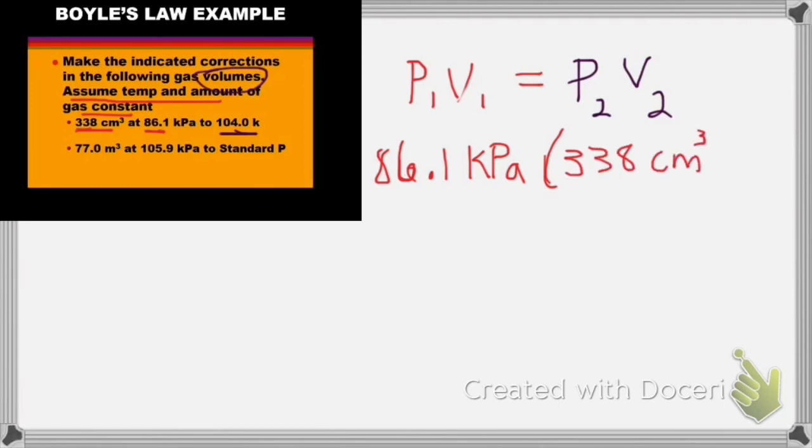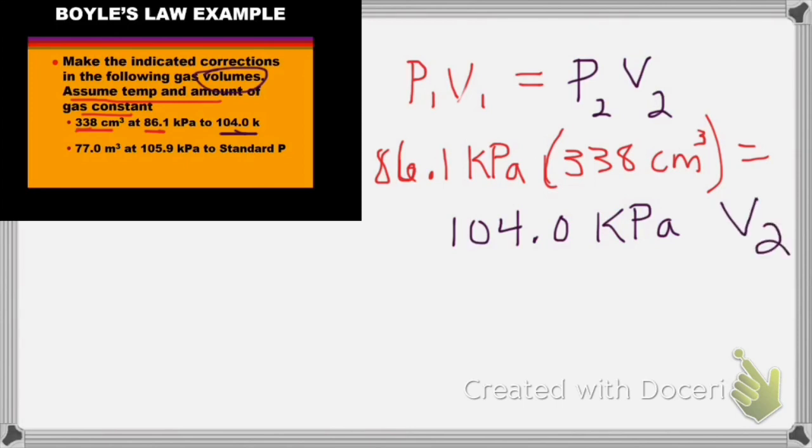And we're going to set that equal to condition 2, and that is 104.0 kPa, and we are solving for V2. Notice both pressures are kPa, so we can continue. If they were in different units, we just have to make sure they were both the same. So if the second one had been in millimeters of mercury, we'd change that to kPa, and then we could continue. Now it's simply doing some basic algebra.